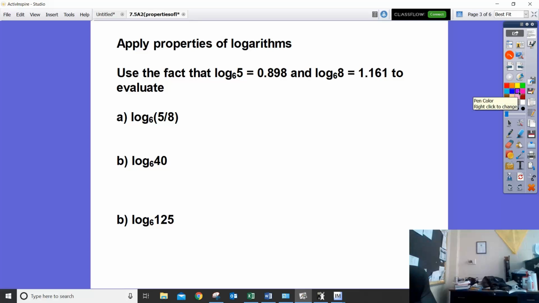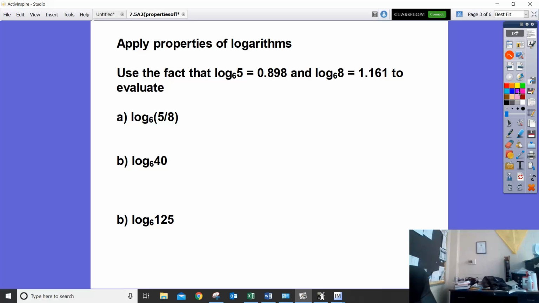I use the fact that log base 6 of 5 is 0.898, and log base 6 of 8 is 0.161, to evaluate the following. This is more how we used to do things before technology really came into play. I remember doing a lot of this as a kid. A is log base 6 of 5 over 8. Now, how do you break apart 5 over 8? Subtraction.